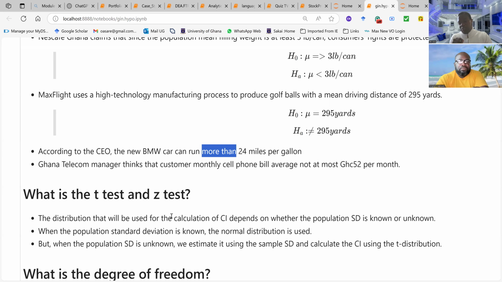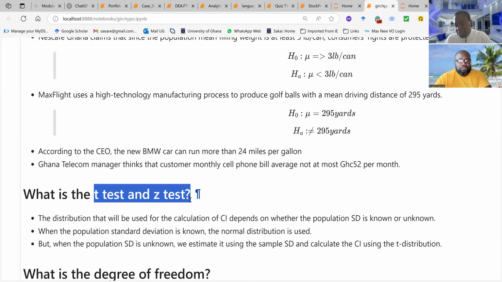The distribution of anything can be used to calculate the confidence interval of anything. But that depends on whether the population standard deviation is known or not. So I want you to check this. We are talking about the t-test or z-test. These are the major test statistics that most hypothesis testing will adopt and use.